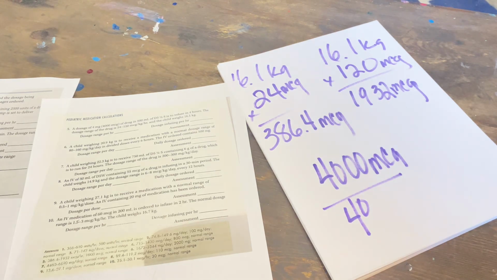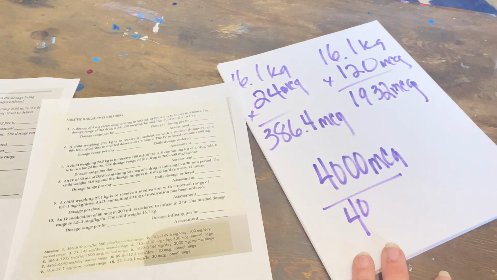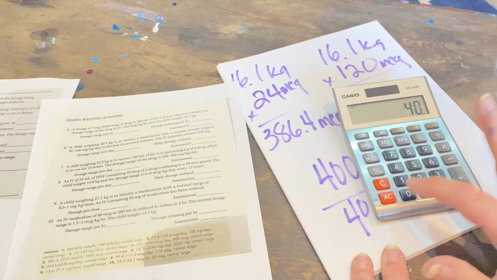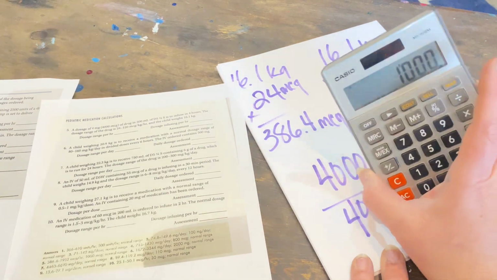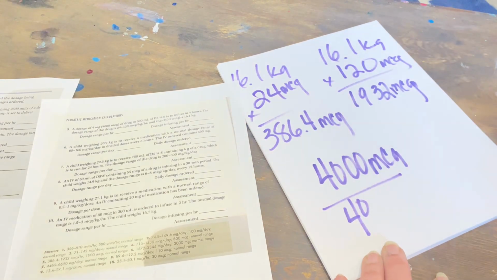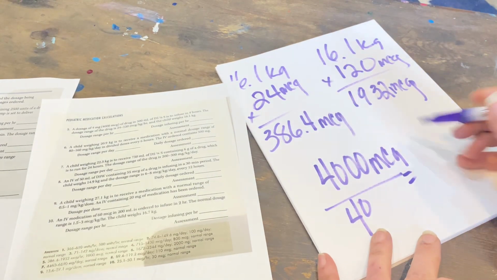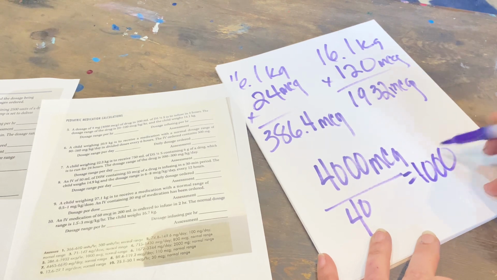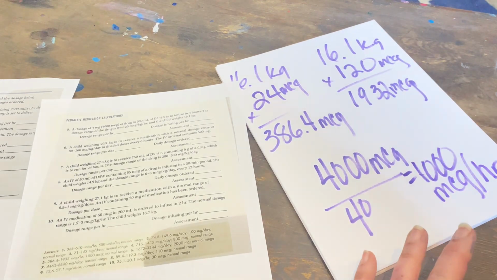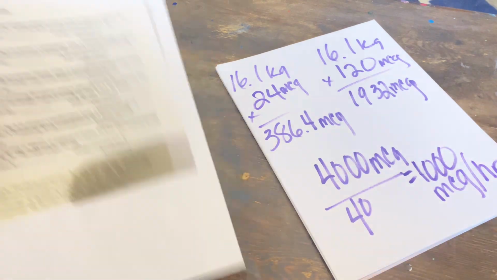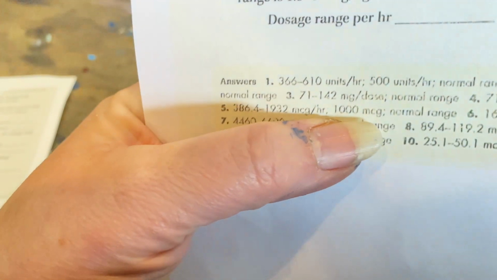You can do it like this. And then you take 4,000 divided by 4. It's going to be 1,000 micrograms per hour. Okay, let's see if we saved them. Look, yeah, we saved them.